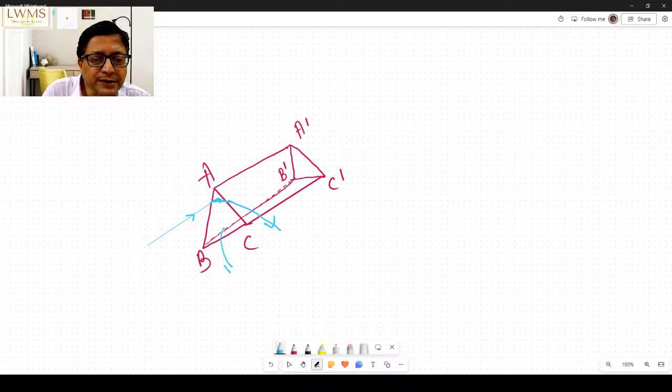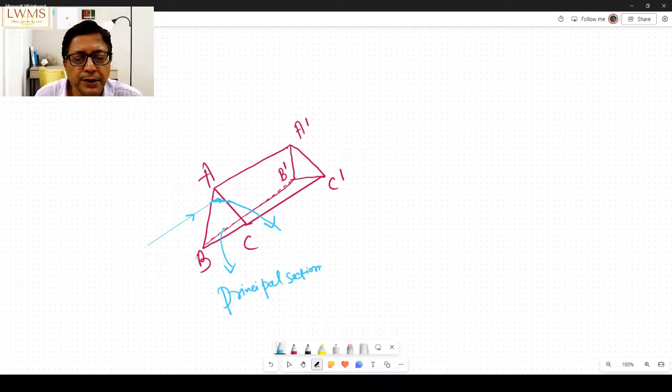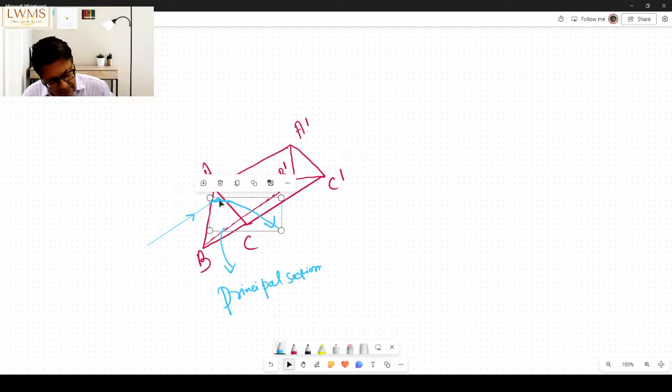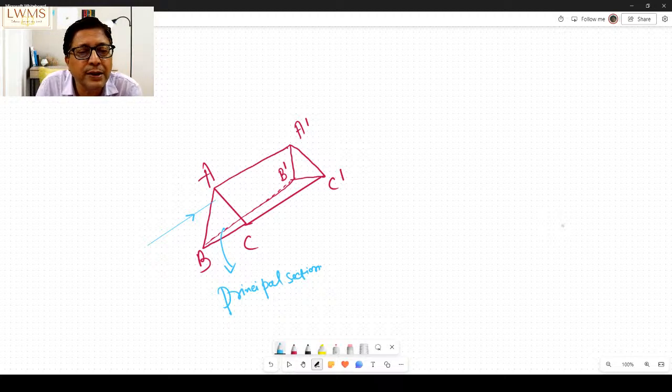I will be taking this principal section. In your mind it will play like this, that this is the principal section we are considering, but actually what is happening there?